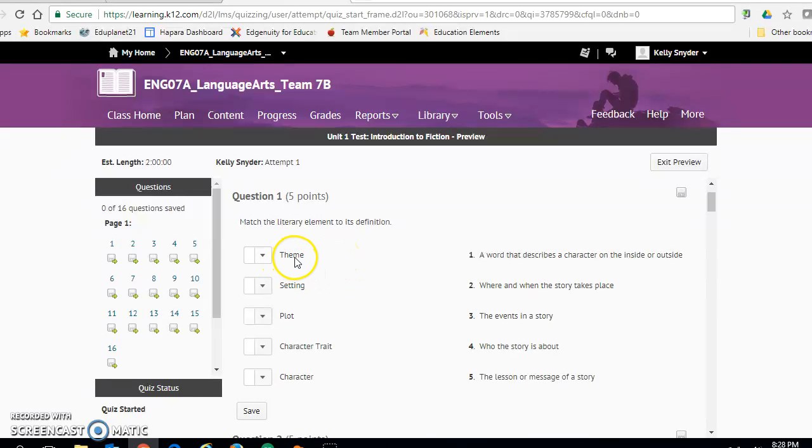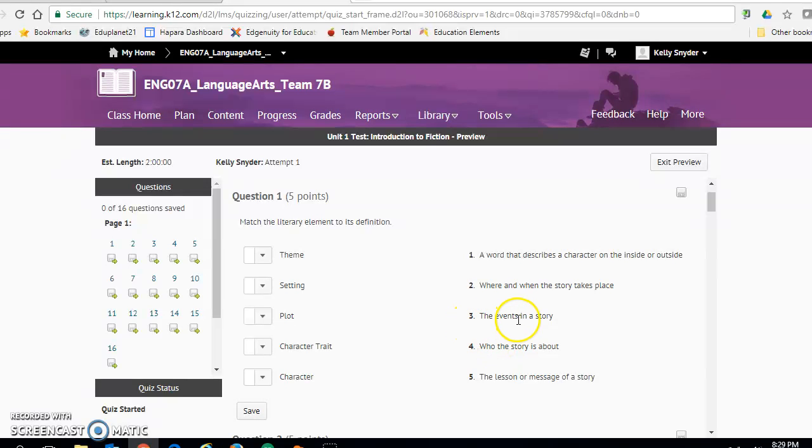So we have theme, setting, plot, character trait, and character. Okay, so you have to match them with either, number 1, a word that describes a character on the inside or outside. Number 2, where and when the story takes place.